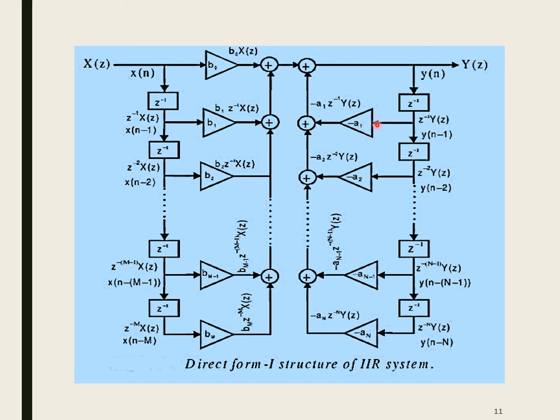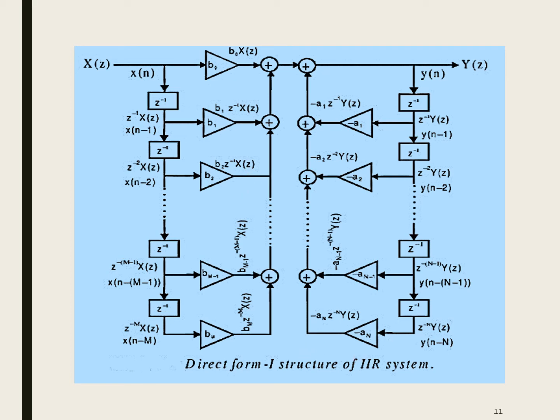So minus a1, which is in turn given to an adder. So see how many number of elements, delay elements, multiplier elements, adder elements are added, which makes the structure more and more complicated, which is not actually serving our purpose. Okay, so this is actually the general form of representation of direct form 1 structure of an IIR system.